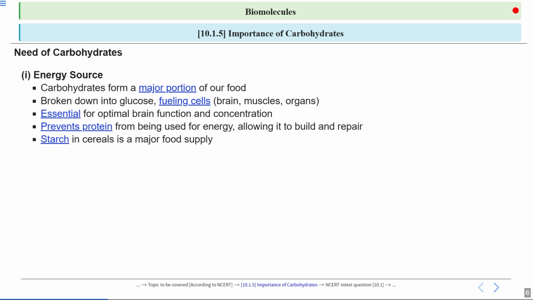Now if we talk about starch, which is a type of carbohydrate, it is found in cereals like wheat, rice and corn. So starch is a major food supply for people all over the world, providing a steady and reliable source of energy.